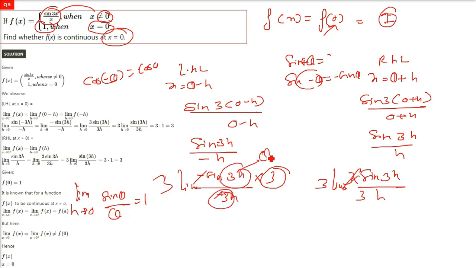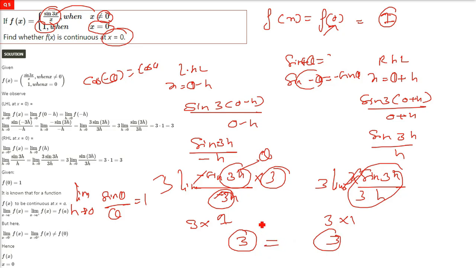So what is remaining here is 3, because 3 was already outside. So it is 3 on the left hand limit and also on the right hand limit. The limit exists and the value is the same.